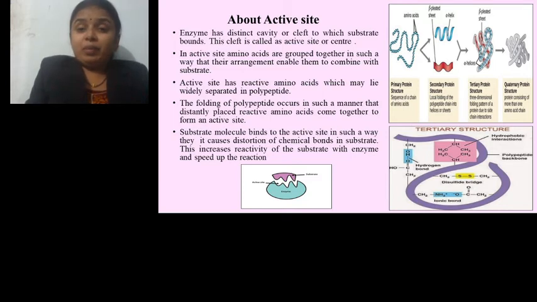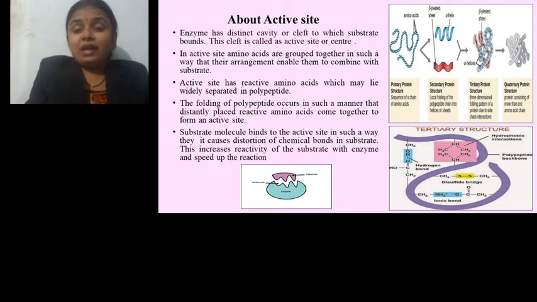But when polypeptide is folded due to the charge interaction or the interaction which includes hydrophobicity or polar nature, the folding occurs in such a way that all interactive or reactive amino acids come together. They may be widely present in the polypeptide, but in active site they come together and interact with the substrate.